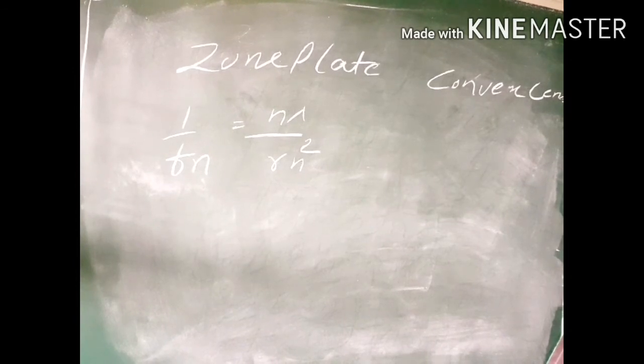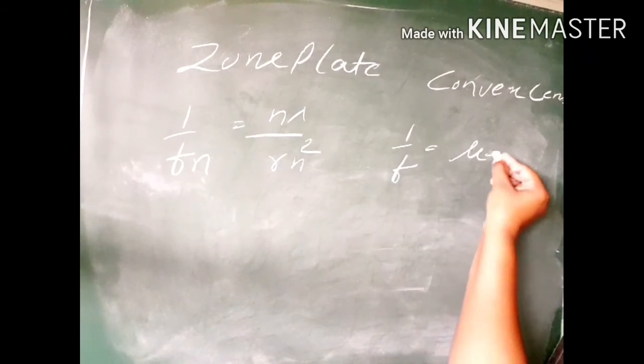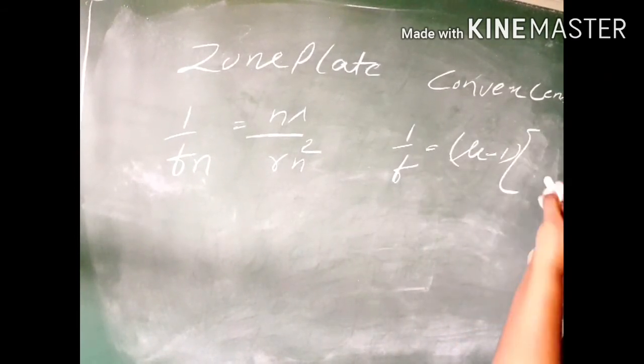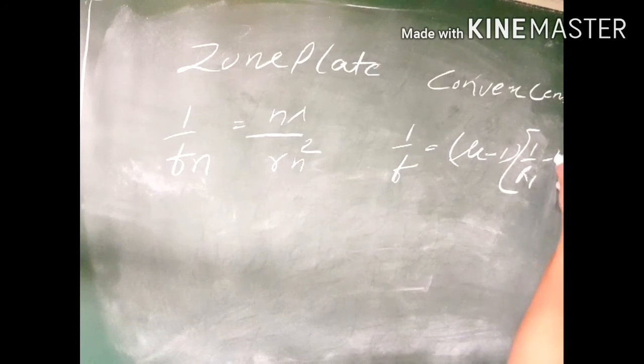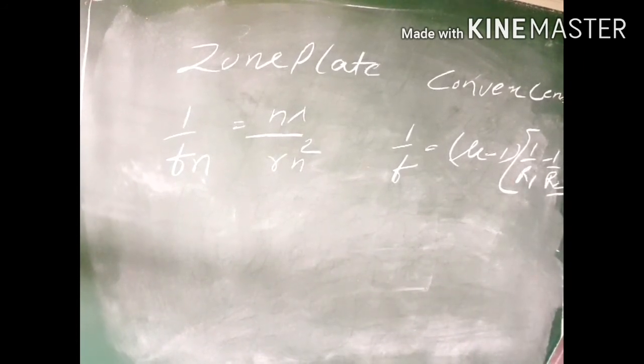And in case of convex lens, what is the formula for focal length? 1 by F is equal to mu minus 1 into 1 by R1 minus 1 by R2. Okay, mu is the refractive index of the material, R1, R2 are the radii of curvature.